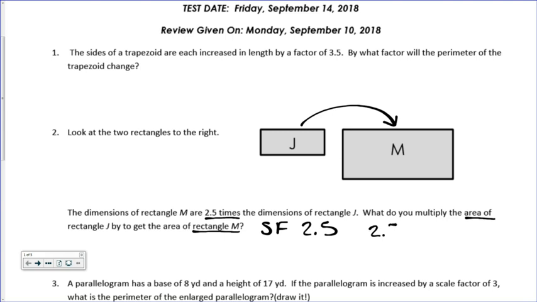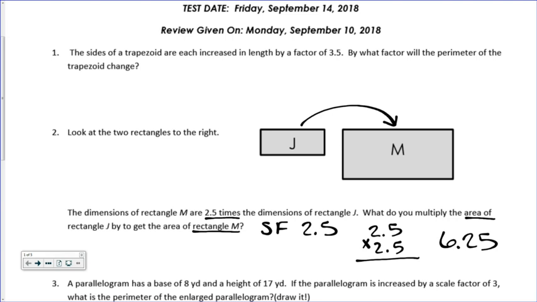So 2.5 times 2.5. And if you multiply 2.5 times 2.5, you get 6.25. So you would take the area of rectangle J, multiply it by 6.25, and that would give you the area of rectangle M, because we're multiplying the length and the width.